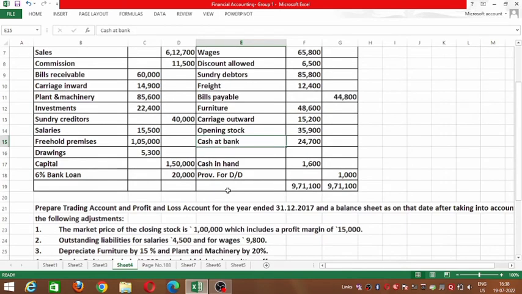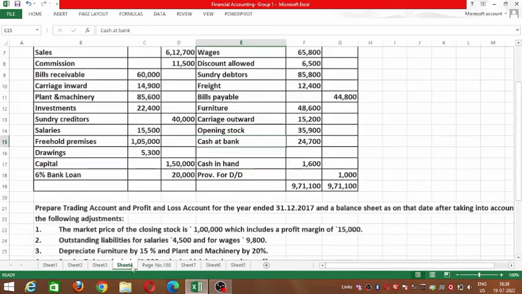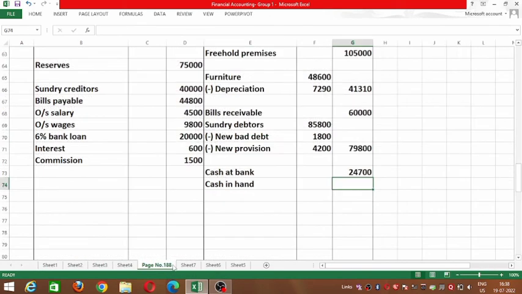And we have cash at bank 24,700. Next, cash in hand. Amount is 1,600.